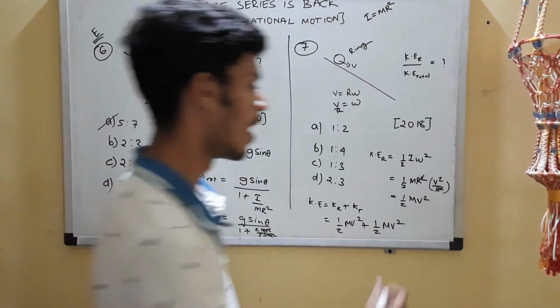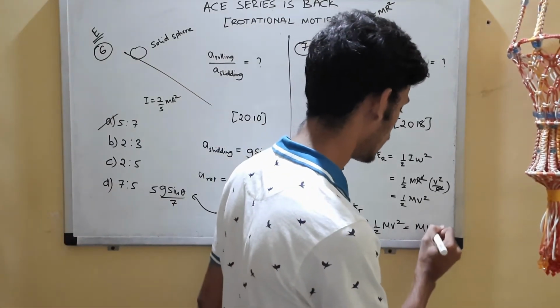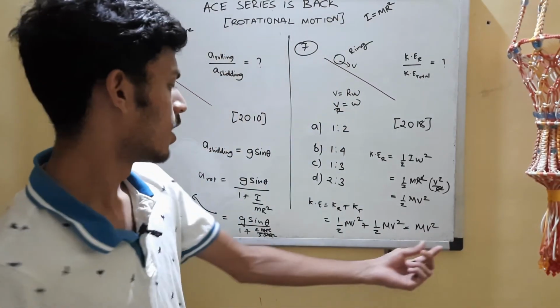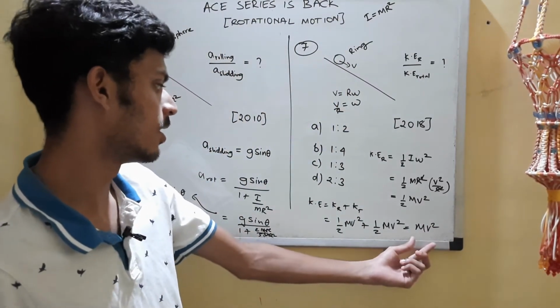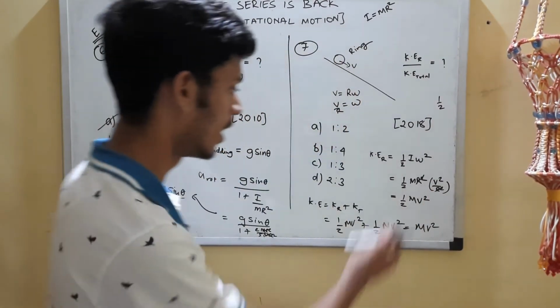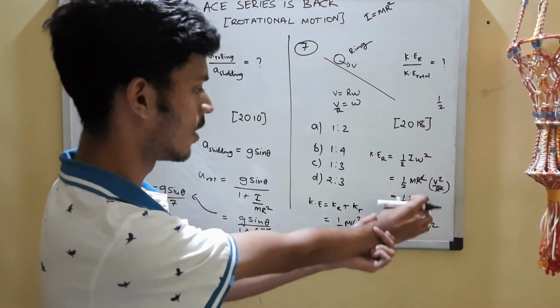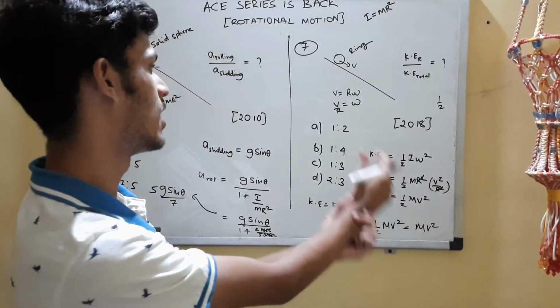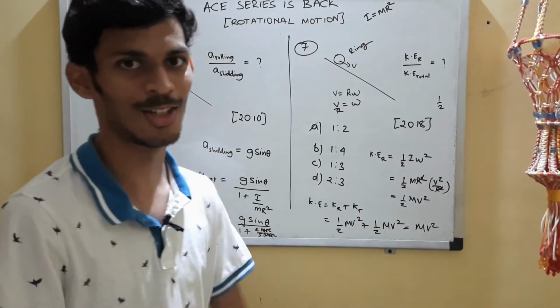So this will give you mv square. So you can see that the total kinetic energy is 2 times the rotational kinetic energy. So this ratio will be half. You can take this ratio, mv square cancels, and 1:2 is the correct choice over here.